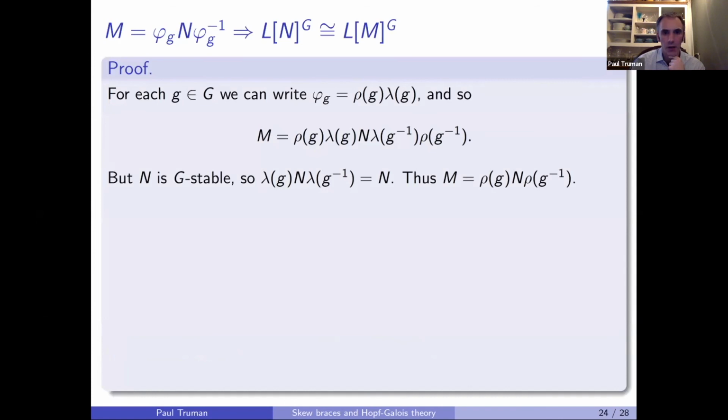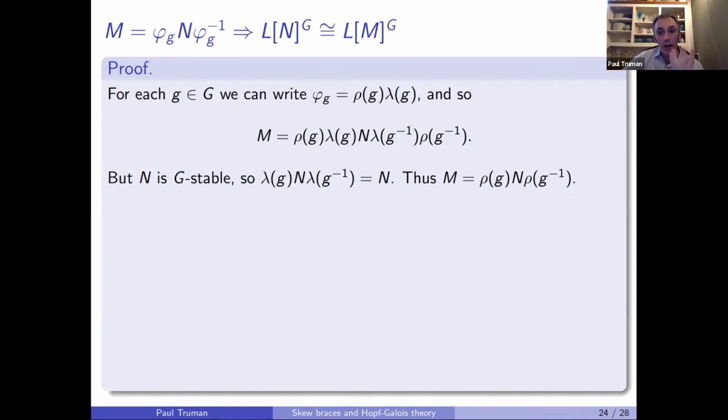I think this is my only proof. I was once advised that a talk like this should contain exactly one proof. So really the only smart observation in this proof is to write out the inner automorphism in terms of rho and lambda. So I want to write the inner automorphism arising from g as rho of g, lambda of g.